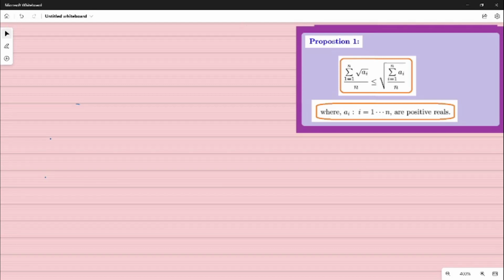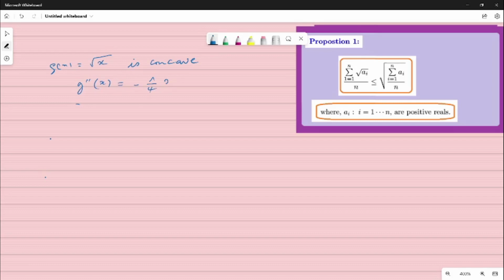In the proposition 1, we have the mean of the squares is smaller than the square of the mean, and this is because the function g of x equals square root of x is concave, because the second derivative equals minus x to the minus 3/2, which is negative.